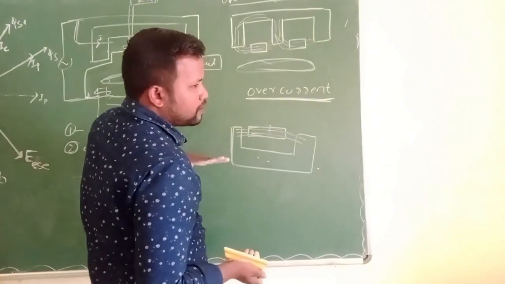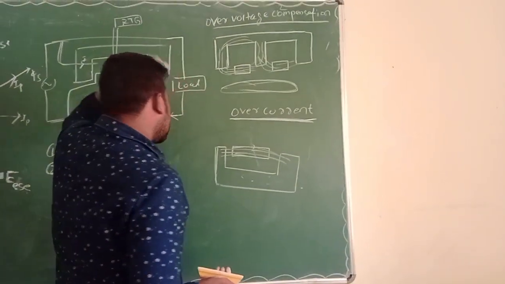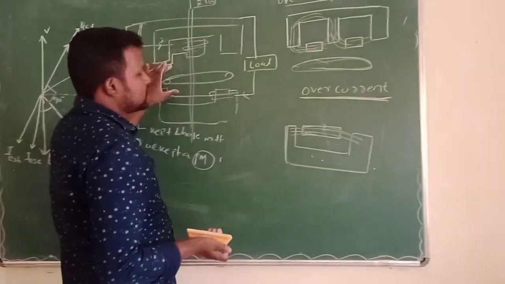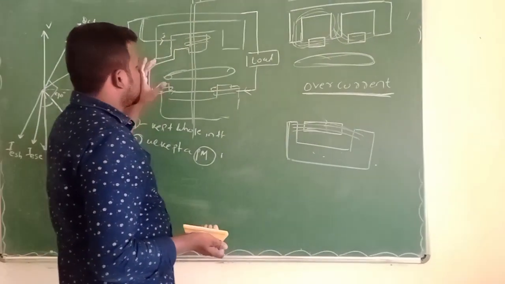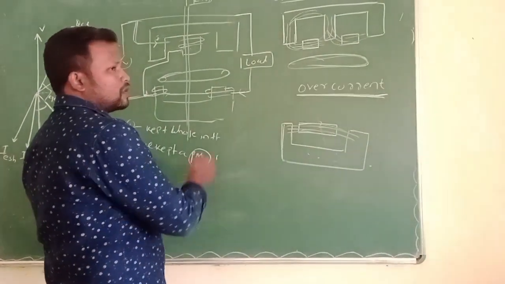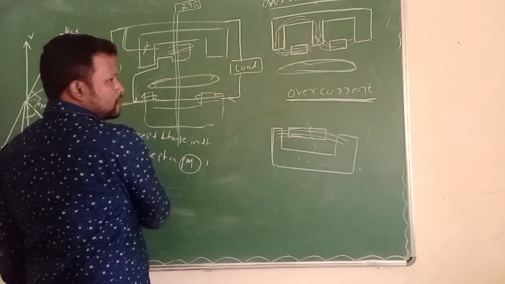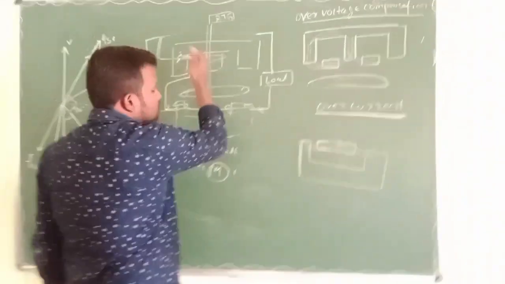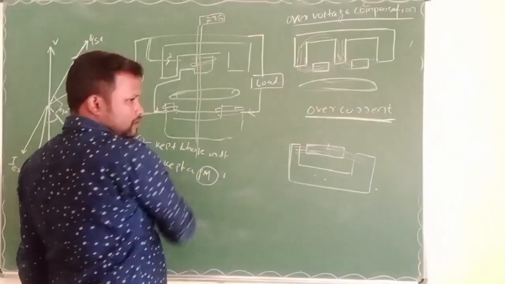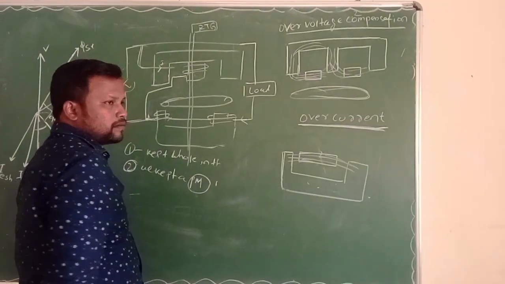So no flux should be passed to the aluminum disc. So there is not much rotation of the aluminum disc, and not much rotation of the spindle.